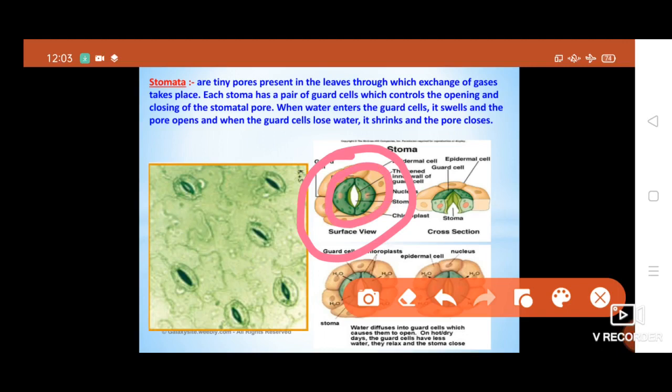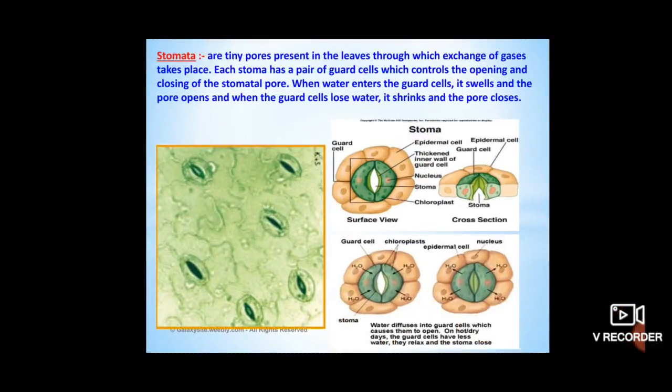Between the guard cells there is a pore hole. That pore we call the stomatal pore, P-O-R-E. In that stomatal pore only, the exchange of gases takes place.